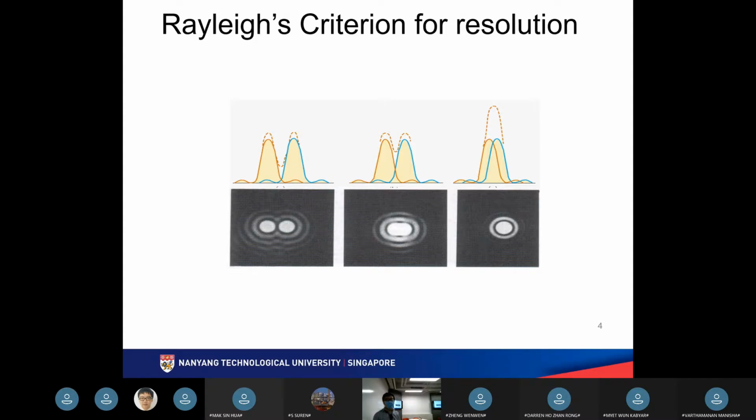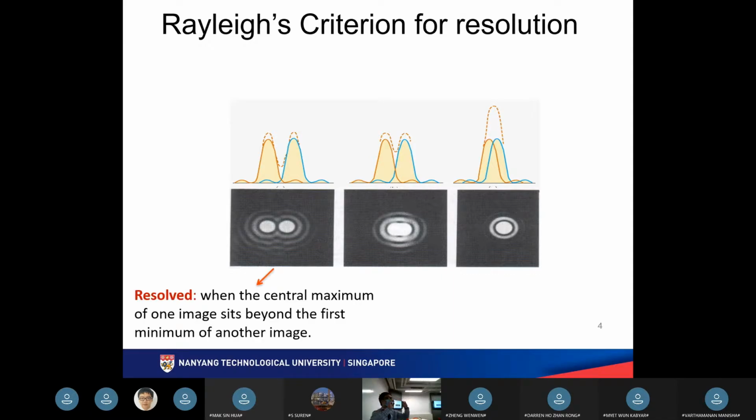So this makes every lens system have a certain resolution. If in the very beginning my two objects are far apart, then the images they form on the image plane are well separated. We can see there are two objects. This is when we can resolve one image from the other.